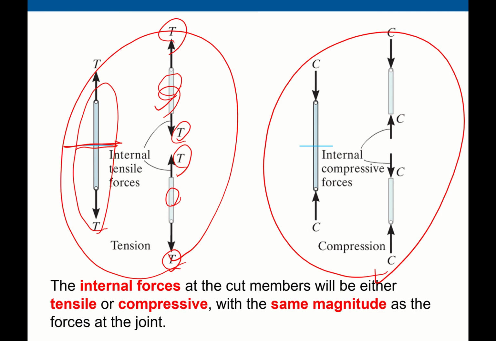How about the compression? Same. If the member was in compression, which means it pushes at the joint, then if you cut in half, the two divided pieces are still in compression with the same amount of force.